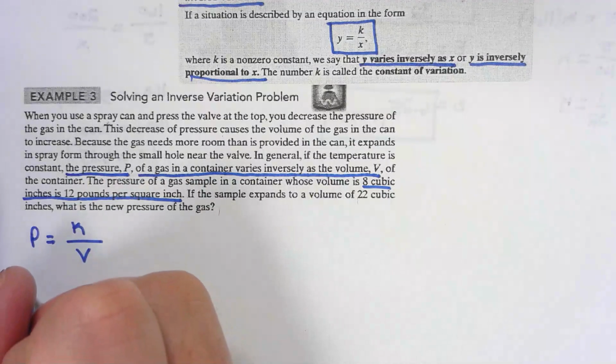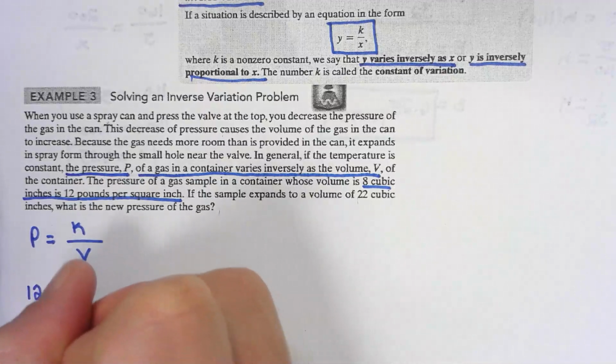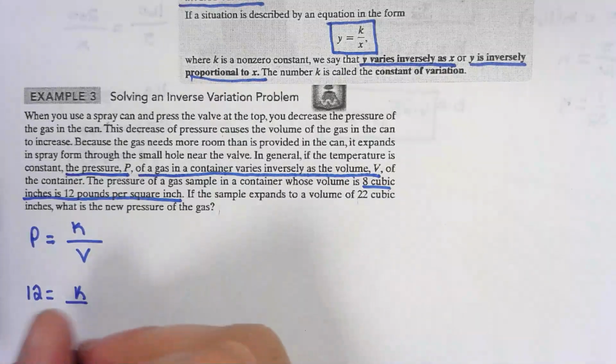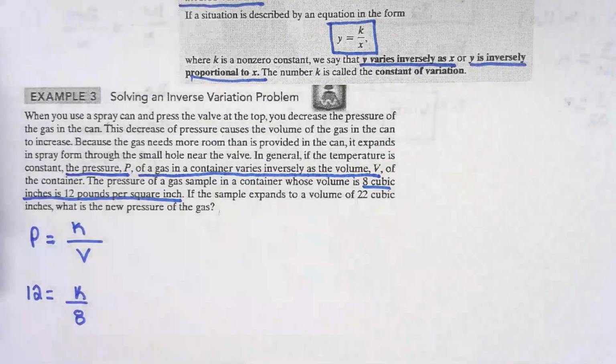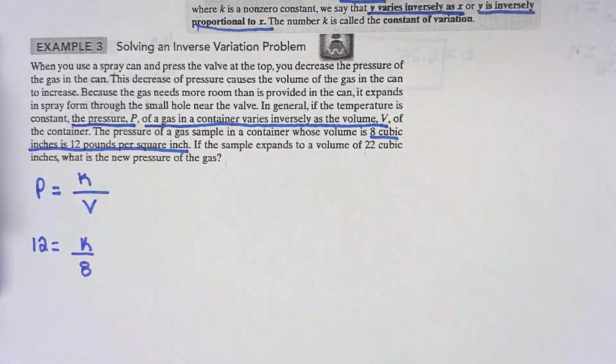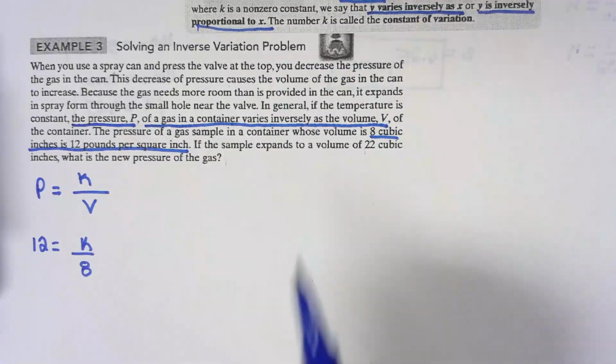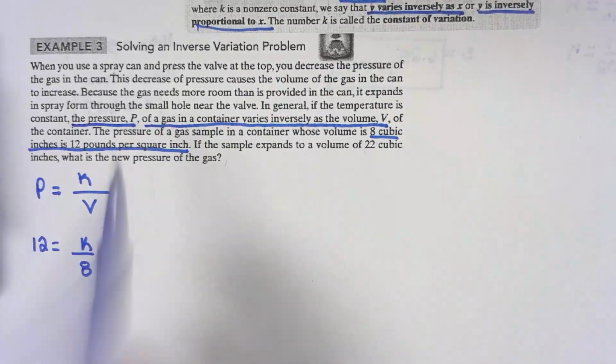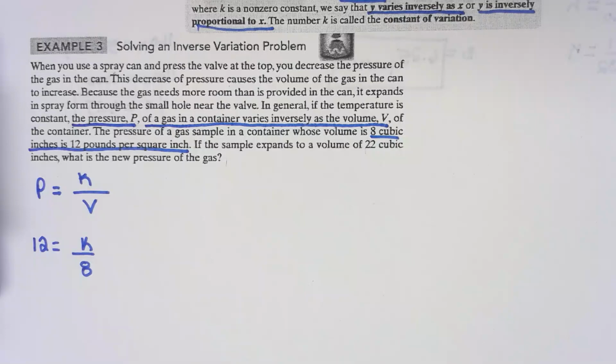So the pressure here is actually 12, and the volume is 8 cubic inches. Thinking about the units can help me determine which one is the volume, since it explicitly says the volume but doesn't explicitly say the pressure. But pounds per square inch is a way that we can measure pressure.